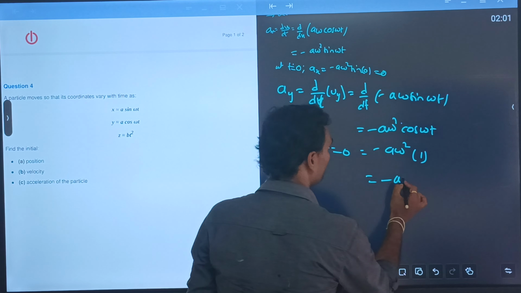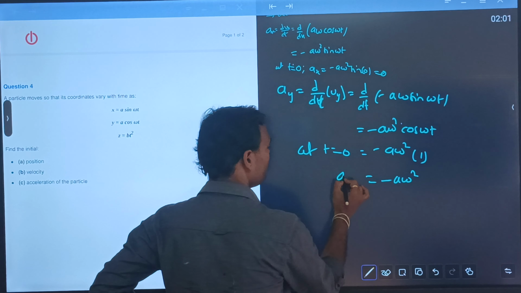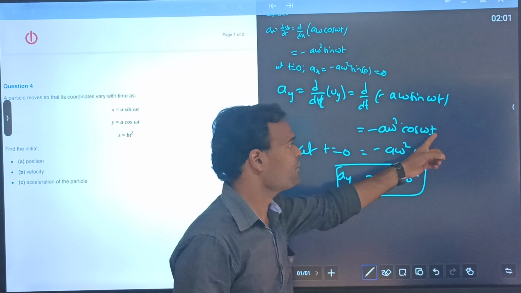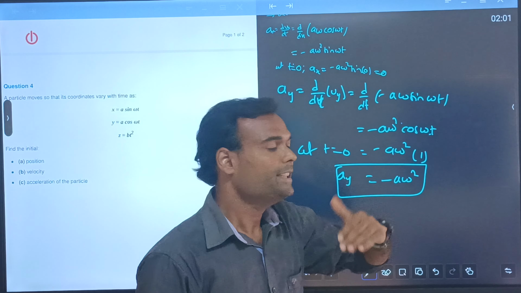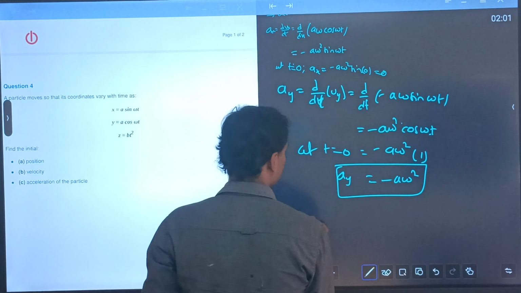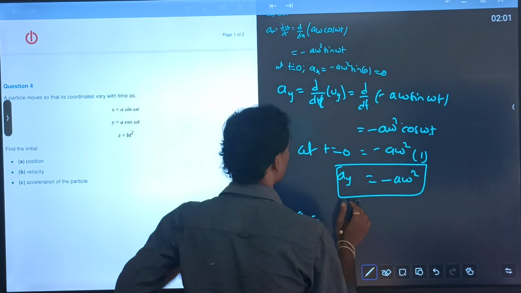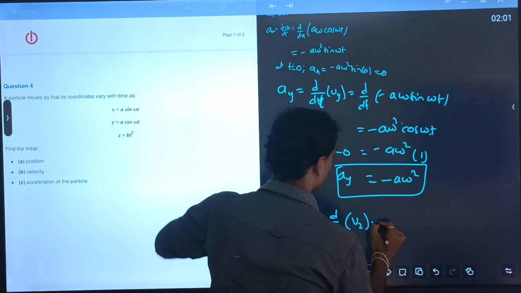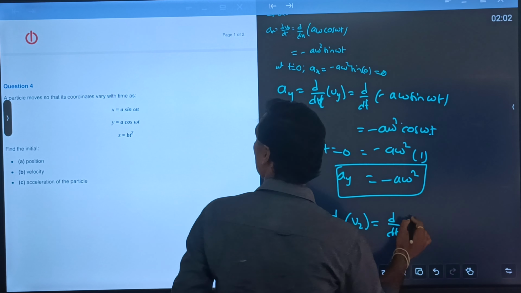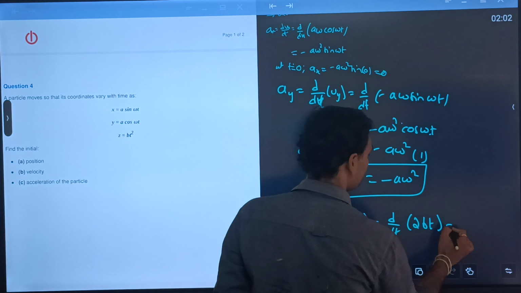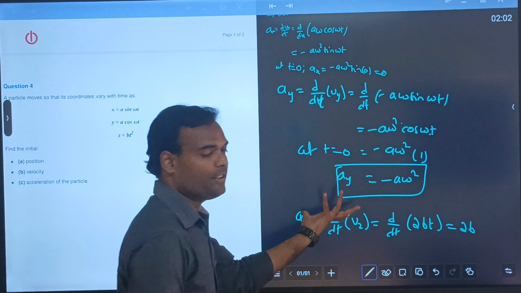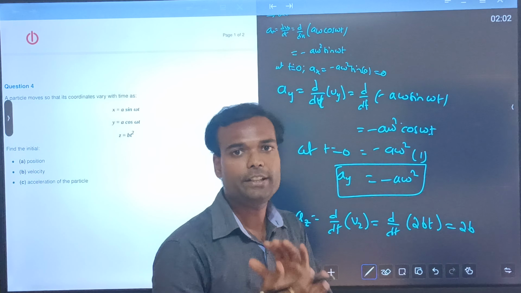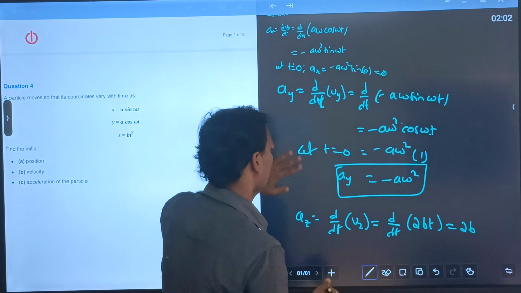Now this will be minus a omega square, because if I substitute cos 0, that is 1. Then az equals d by dt of vz, where the vz value is d by dt of 2bt, which equals 2b. It's a constant, so az equals a constant, and there is no need to substitute the t value, right?